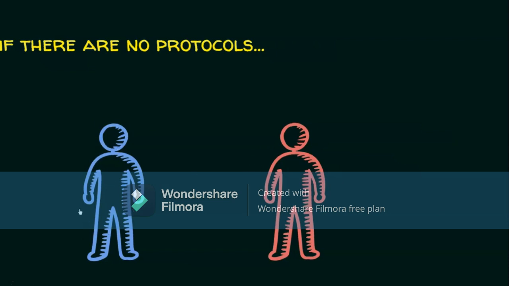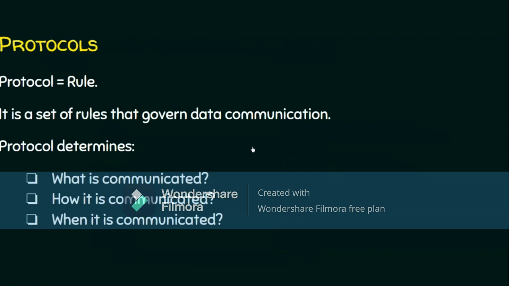Again, what if this blue guy keeps on talking at a high speed, at the same time not giving any room for this guy to respond? So these are example situations where the communication becomes chaotic or messy. So definitely there is a need for protocols, because a protocol is a set of rules that governs data communication. Simply speaking, protocol is a rule that governs data communication.